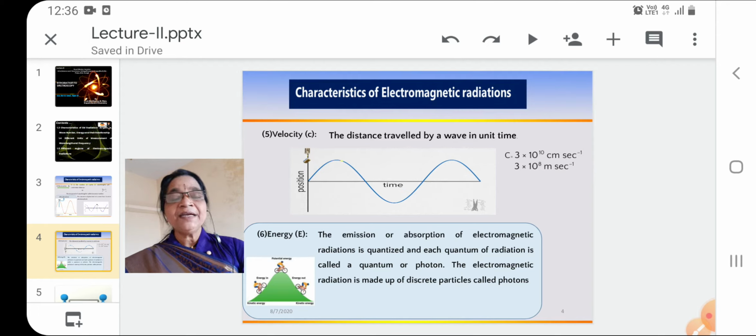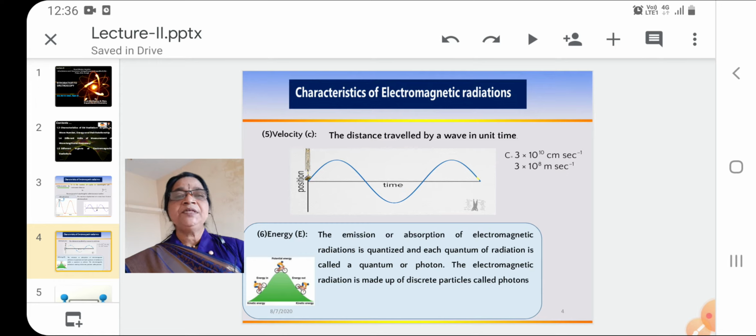What it indicates is that as the energy increases, the wavelength decreases, or as the wavelength decreases, the energy increases. That is, the energy of the photon varies directly with the frequency and inversely with the wavelength.